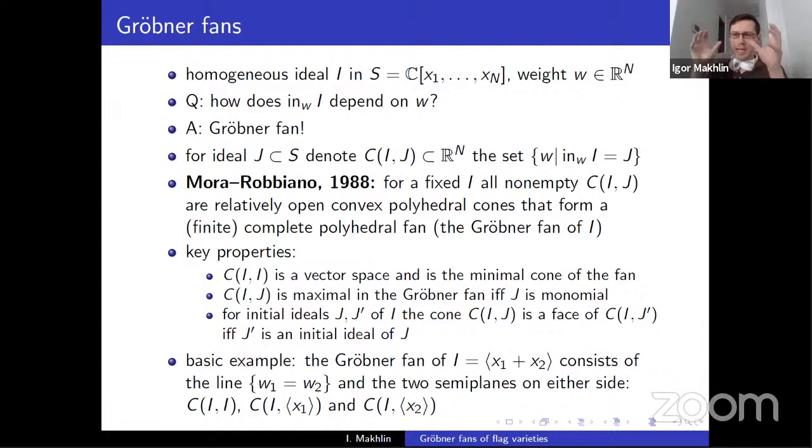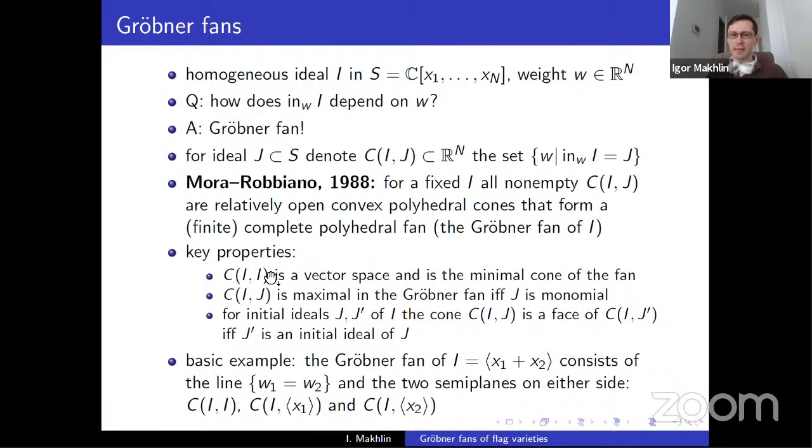But we have this fan, the cones of which parameterize all the initial ideals of our ideal. Here are the three main properties that I want to mention. First of all, when thinking about this fan, you have to understand that the cones in this fan are usually not pointed.